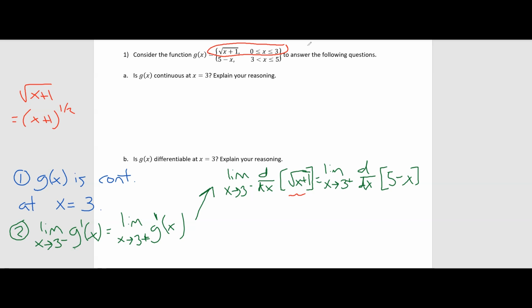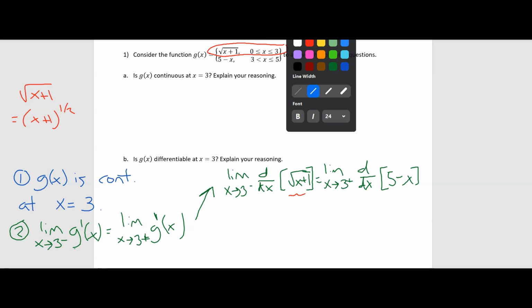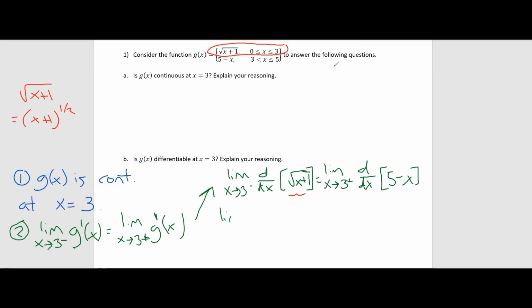So if I then take the derivative of that, using the chain rule, I'm going to keep my limit here though. That's going to be equal to 1/2 times the quantity x plus 1 to the power of negative 1/2 times the derivative of the inside, which is just 1. So in this case, we don't have to write anything.